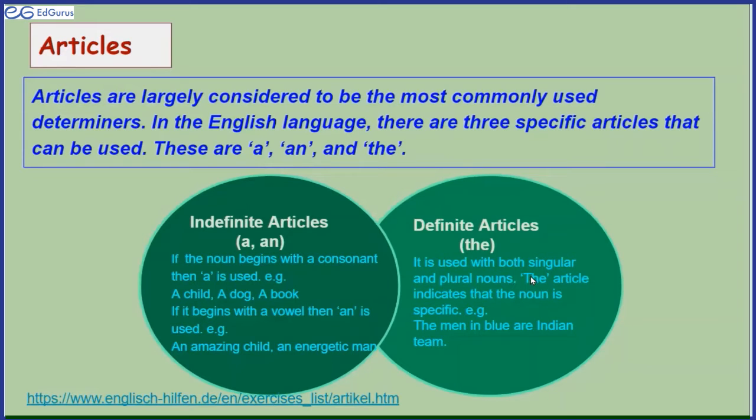It is used with both singular and plural nouns. A and an are used only with singular nouns, but the is used with both singular and plural nouns. The boys are working hard. The boys is a plural noun. But at the same time, I say the boy who is sitting under the tree is in pain.